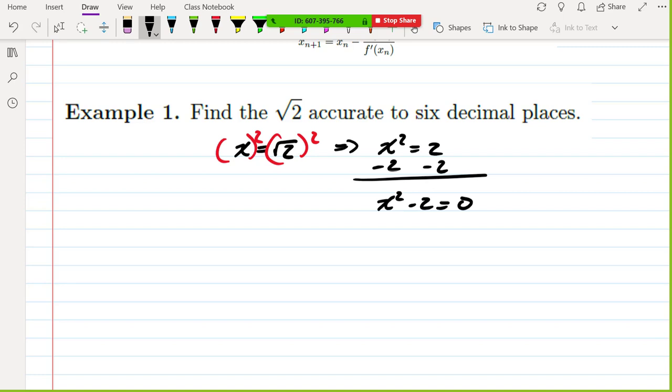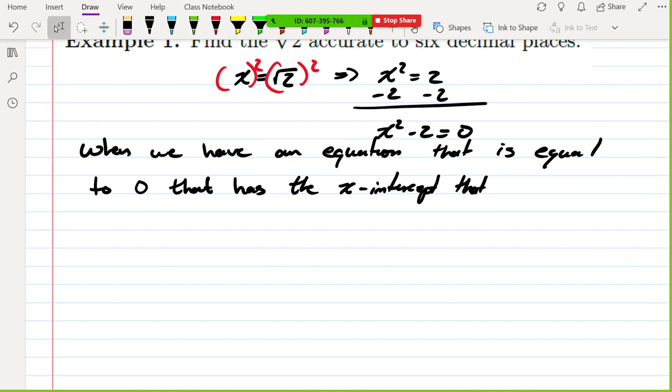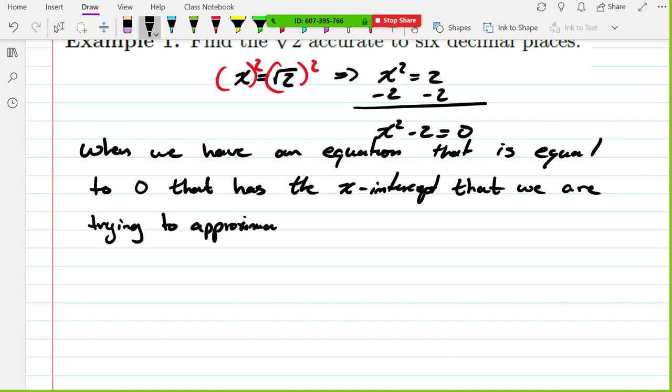So when we have an equation that is equal to 0, that has the x-intercept that we are trying to approximate, we can set it equal to f of x.